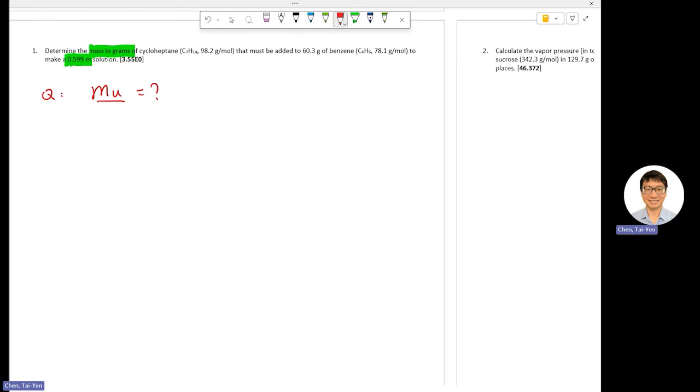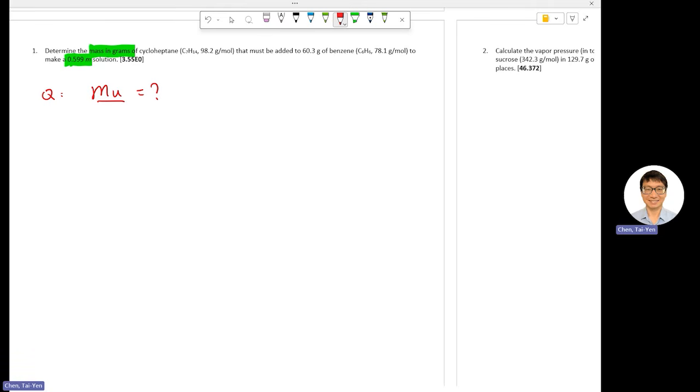So when we get this sentence, A will be thrown into B to form a solution. A will be your solute, B will be your solvent. Is that clear? This is something to get used to. If I say the species is going to be added into the other species, A is going to be added into B, then you know A is your solute, B is your solvent.